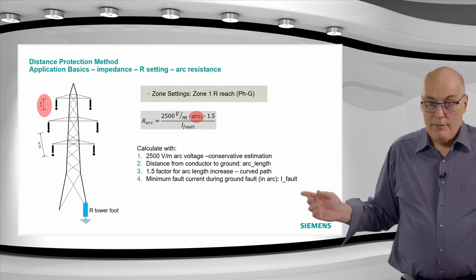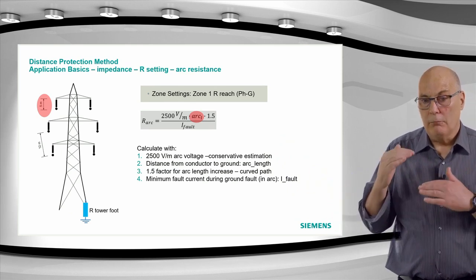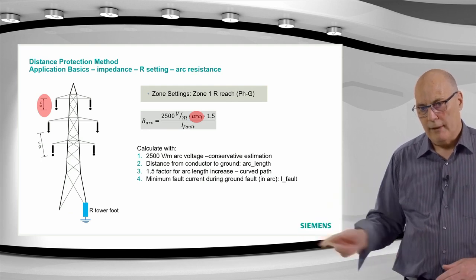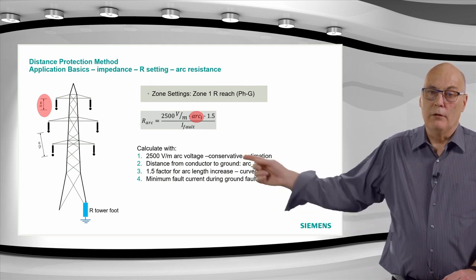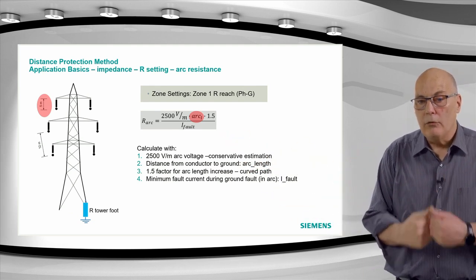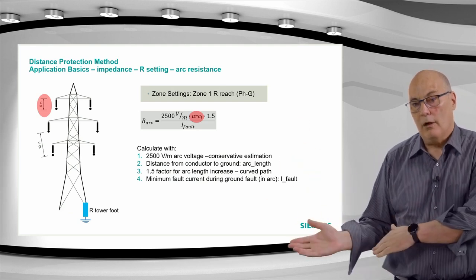The 1.5 is a factor because the arc will typically not be in a straight path, so we don't simply use the 5 meters, we extend the 5 meters by a factor of 1.5 to make allowance for the curvature of the arc. And then you obviously need to know the fault current. In this case, this is the fault current as measured by the relay, not the sum of the fault currents from both ends as we need for the tower footing.